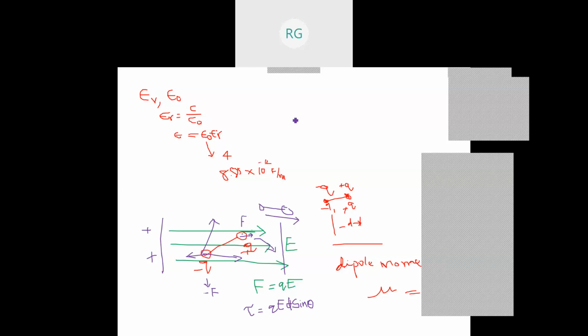Some dielectric materials contain dipoles. That means I take here a dielectric material and they have dipoles in it. This is one dipole, this is another dipole, this is another dipole. Just like the magnetic moments in a magnetic material, as we have discussed in domains. So I have minus charge here, plus charge here.